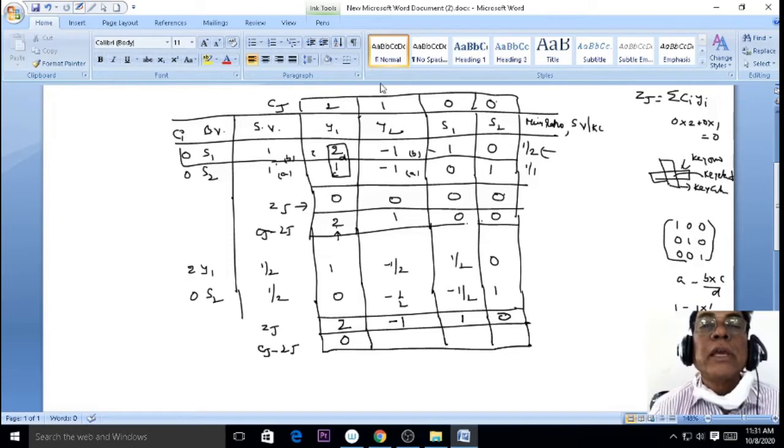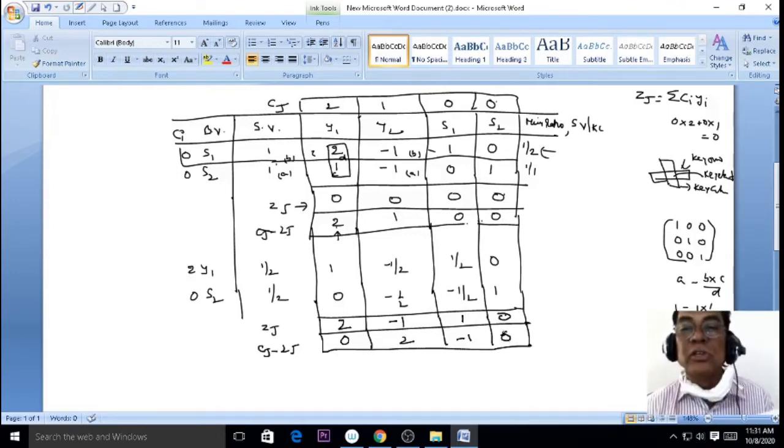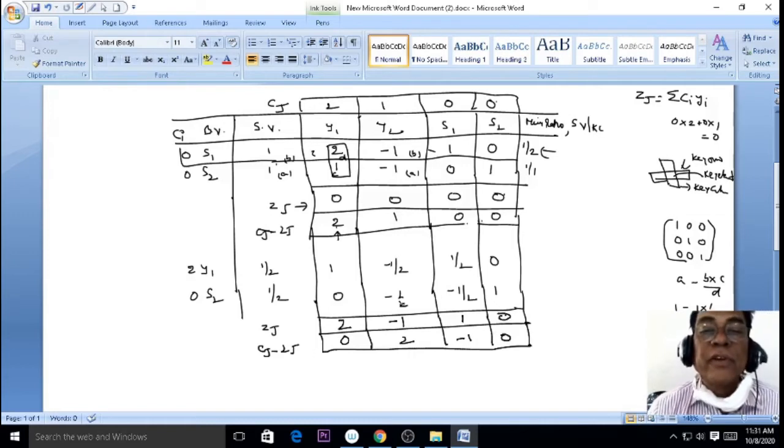Okay, 1 minus of minus 2, and 0 minus 1, minus 1, and 0 minus 0, that is called as a 0. 0 minus 0, 0. So for key column, select the maximum positive value.